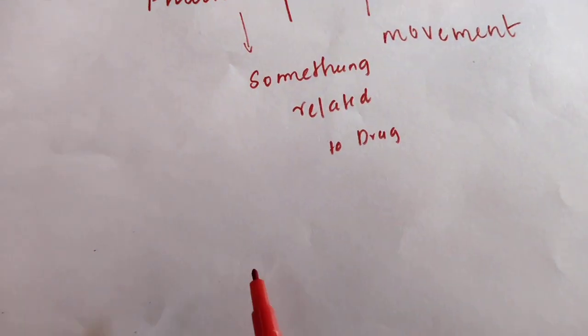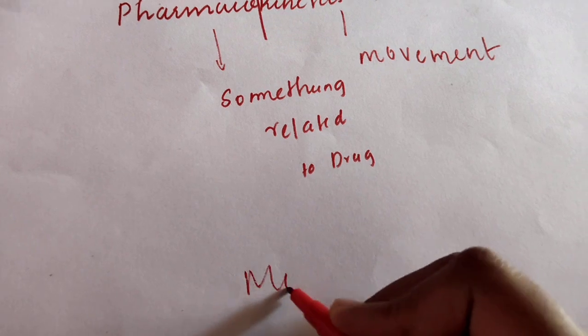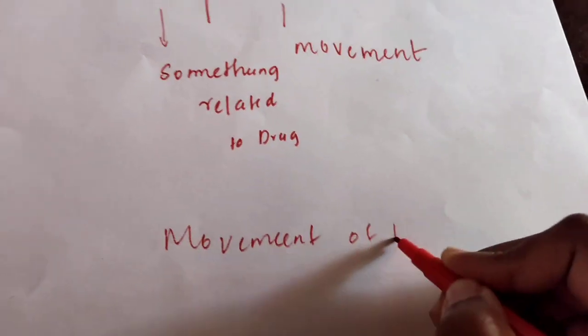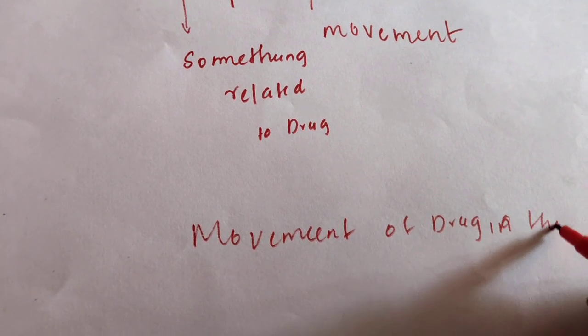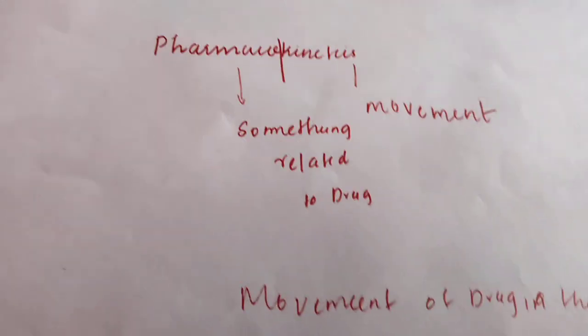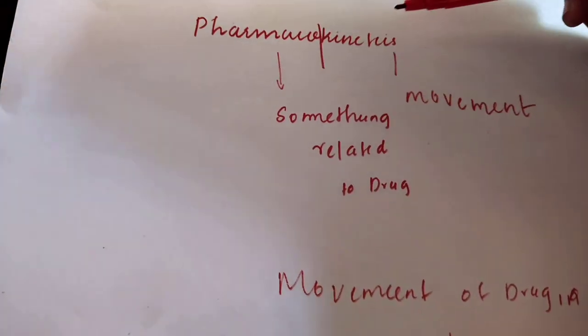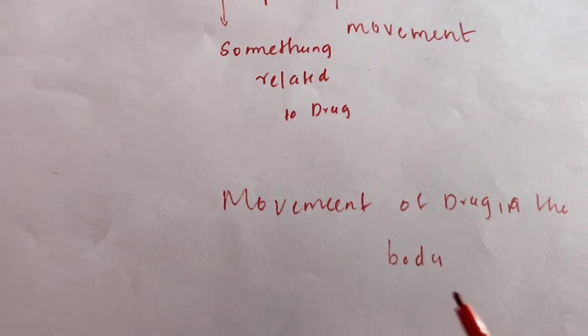So simply we can say that pharmacokinetics is the movement of drug in the body. We can divide it into two words: pharmaco means something related to drug and kinetics means movement, and we got a definition: movement of drug in the body.